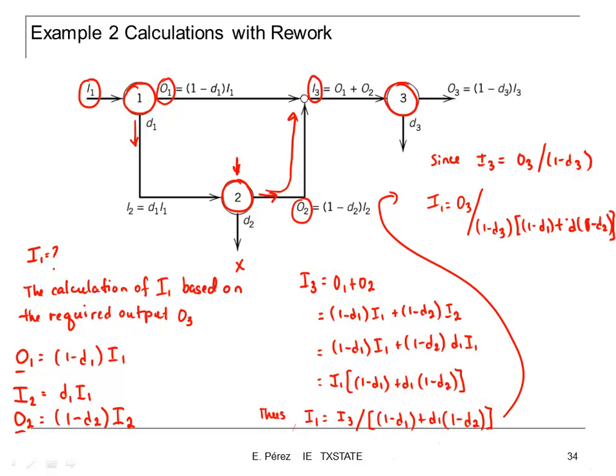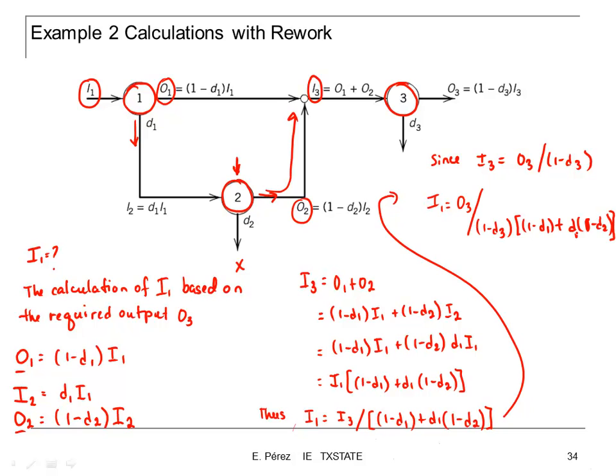The last part of the equation, after the 1 minus D1, I'm sorry, yes, it should be D1 times 1 minus D2. So if you know the percentage of defects for each station, and you know the desired output, which in this case is O3, then you can compute the initial input for your stations. And that was the goal.